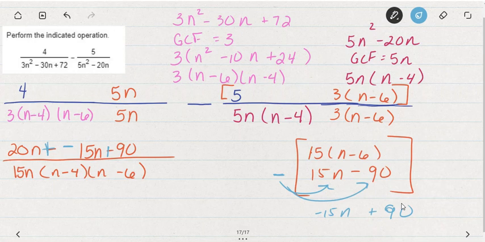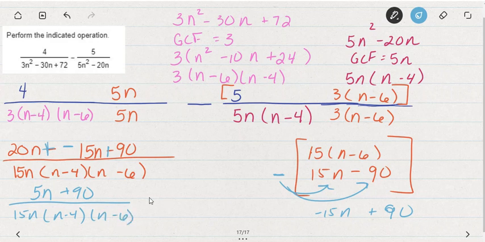And that's almost done. We'll combine these like terms. 20n minus 15n gives us 5n. And it looks like we can factor that. I know sometimes these problems just drag on and on, but you have to notice that this 5n plus 90 has a factor of 5.